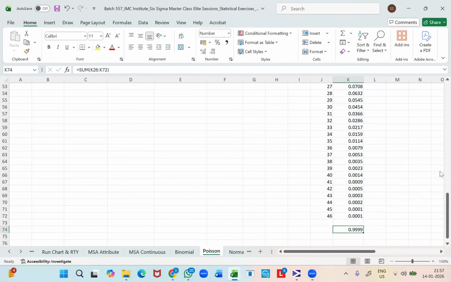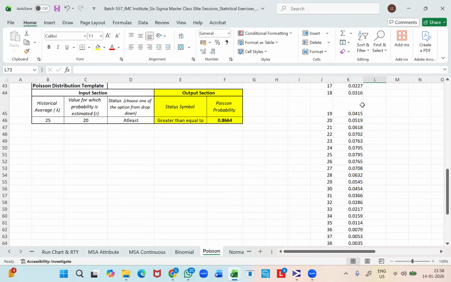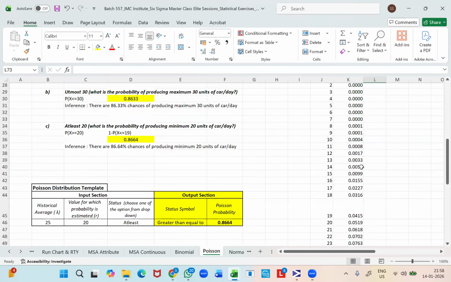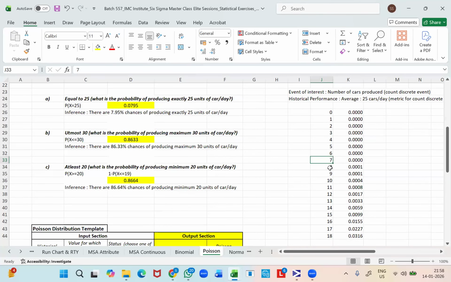You can just round this off, equal to 1. Because it has to distribute all these individual probability values. It starts from actually 8, so till 8 we have 0 as the probability value. Only from 8 do we have some probability value getting displayed.